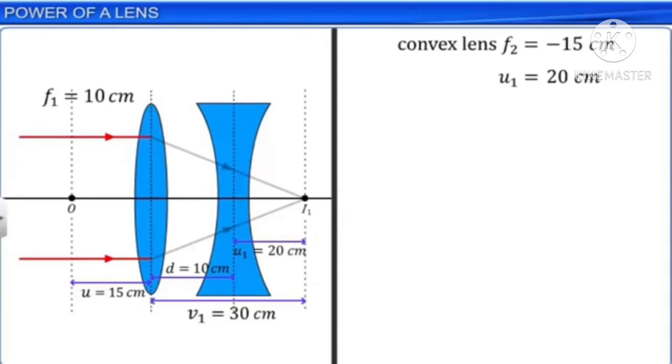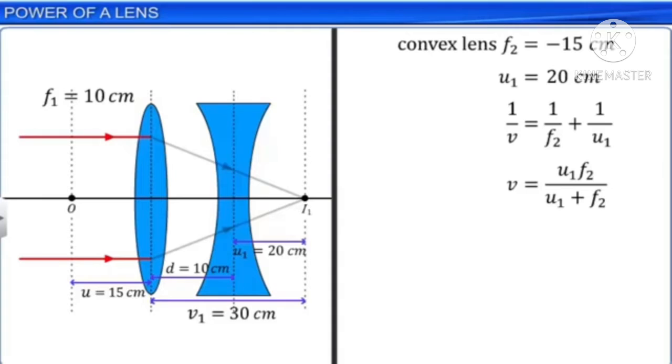On substituting the values of u1 and f2 and solving for V, we get V as equal to minus 60 cm. The negative sign indicates that the final image is formed to the left of the concave lens at a distance of 60 cm.